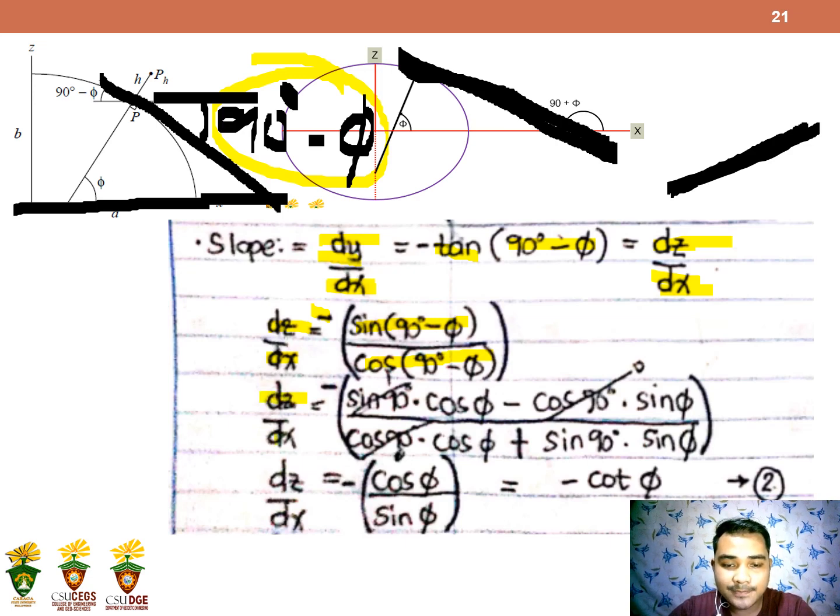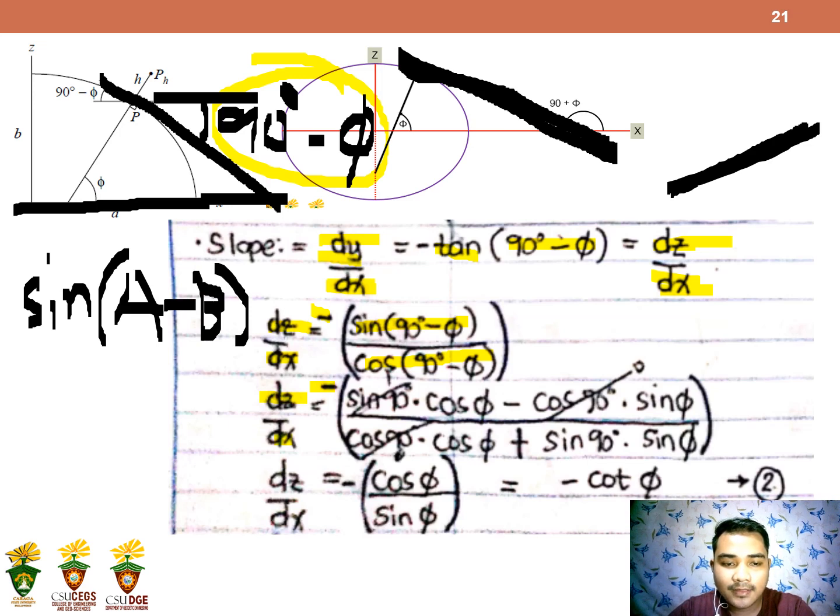We will expand this properly, keeping the negative outside, using the double angle identities. This is the identity for sine of A minus B, which is sin cos cosine, and for cosine it is cos cos plus sin sin. I don't know how well you memorized the double angle identities before.